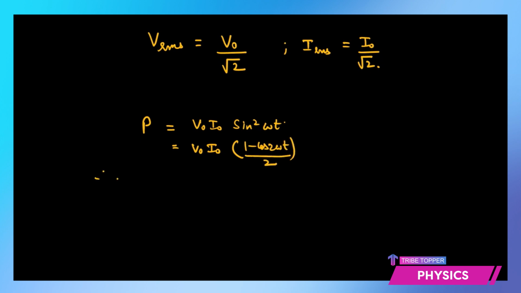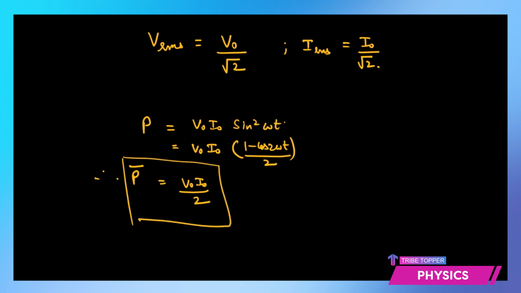Therefore I have P average equal to V naught I naught by 2, because again the cos 2 omega t term would average out to 0. So my average power comes out to be V naught I naught by 2. V naught I naught is the maximum power, so average power is P max by 2.